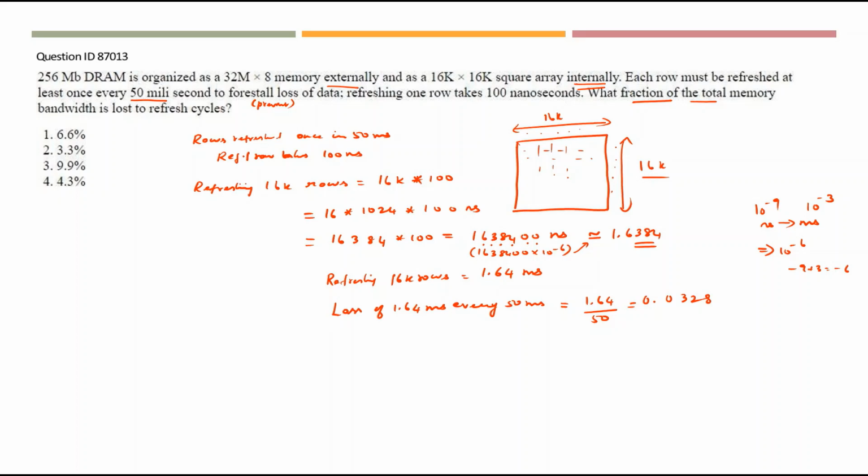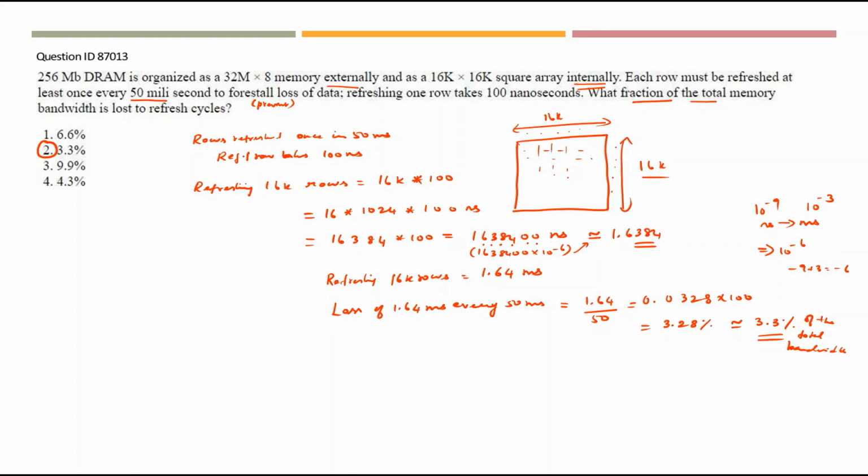And since they have represented the answer in percentage, we are just multiplying this by 100 and this will give 3.28 percent, which is approximately 3.3 percent. This much will be lost. So option number 2, 3.3%, will be the right answer.